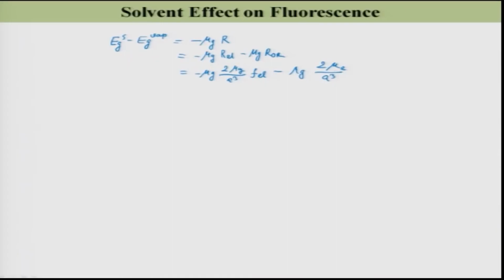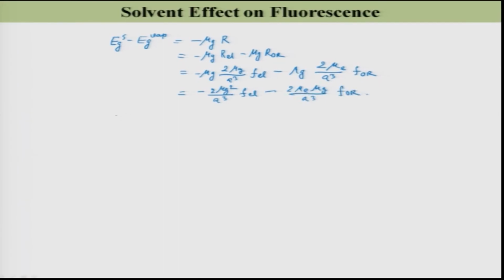So, this is twice mu E by A cube into F OR, and I am almost done over here. So, this is equal to minus twice mu G square by A cube F EL minus twice mu E mu G by A cube F OR.